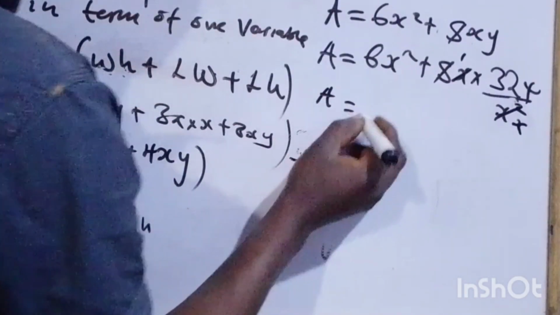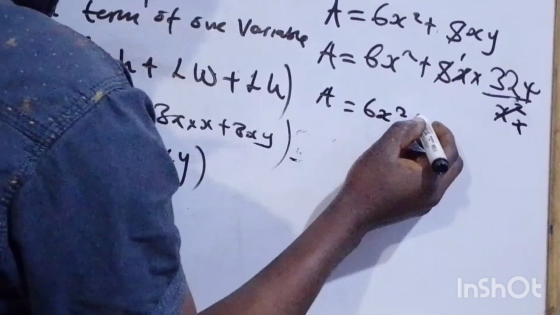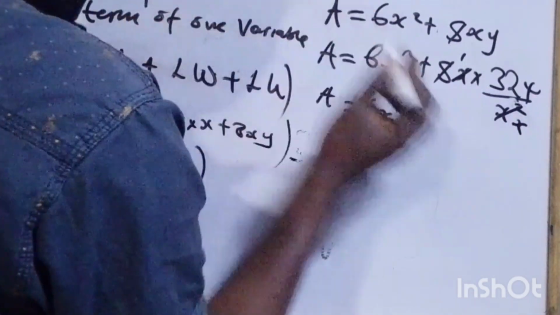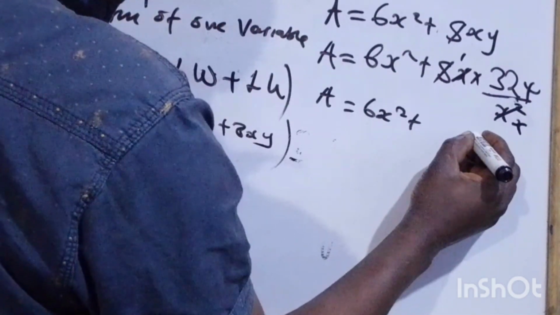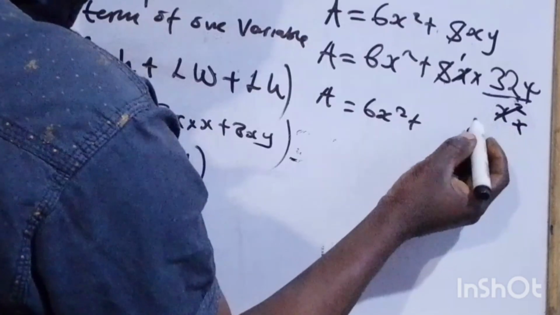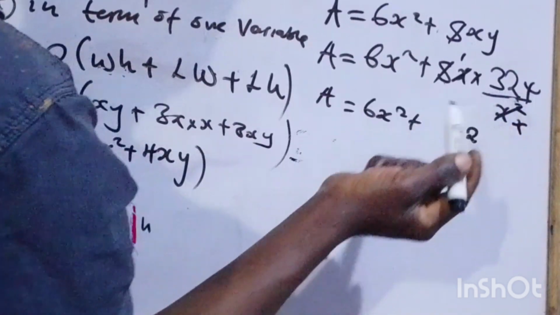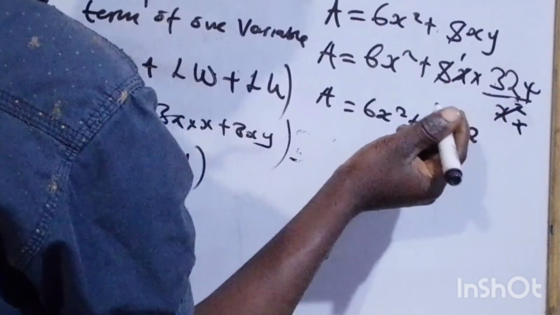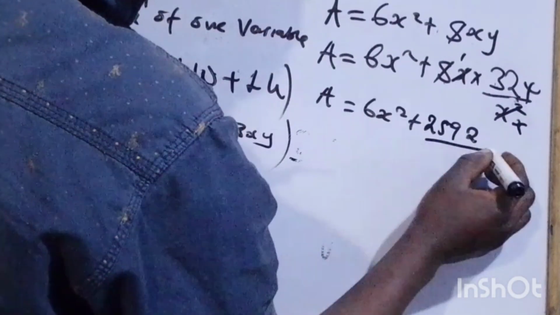So here area equals to 6x squared plus 8 times 324 over x. 8 times 4, you're going to have 32, remainder 3, so 8 times 2 is 16, plus 3 is 19, so 9, carry 1. 8 times 3 is 24, plus 1 is 25, over x.